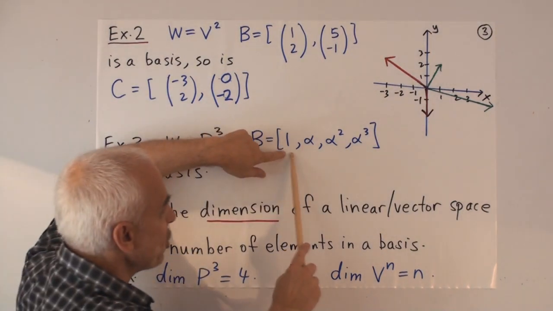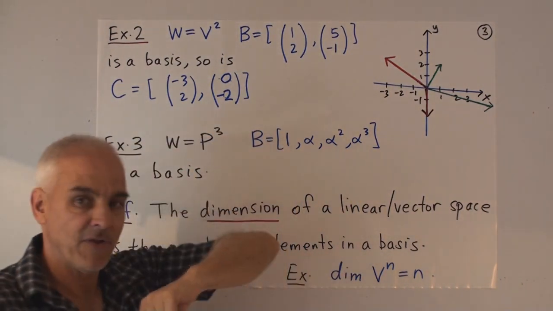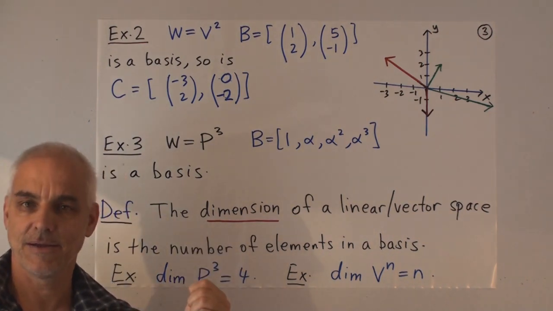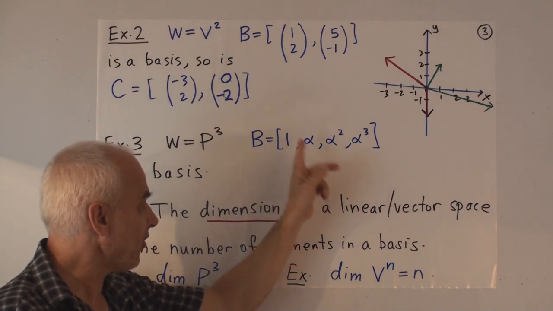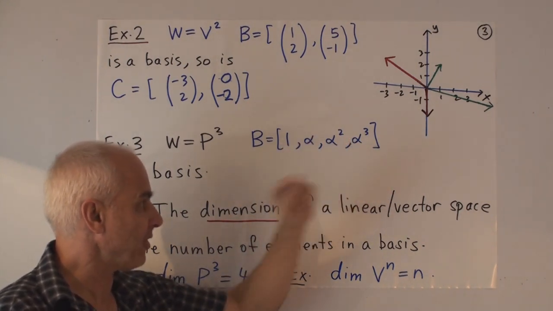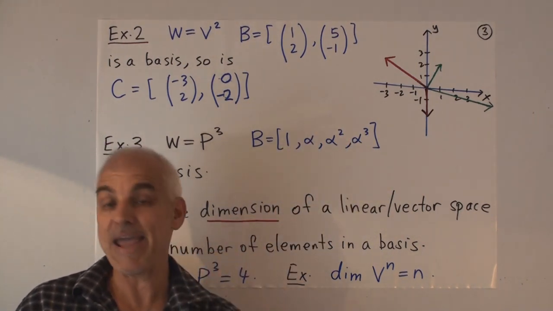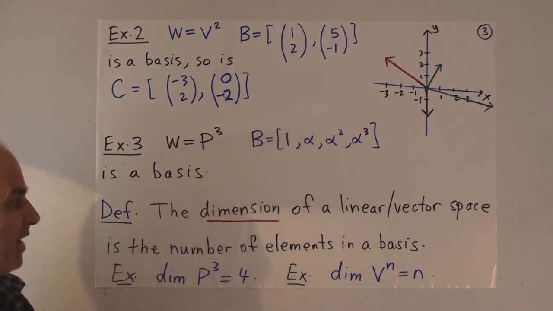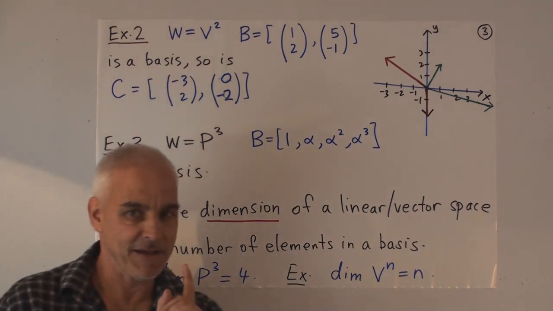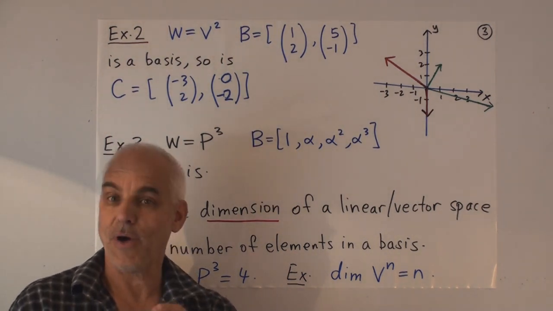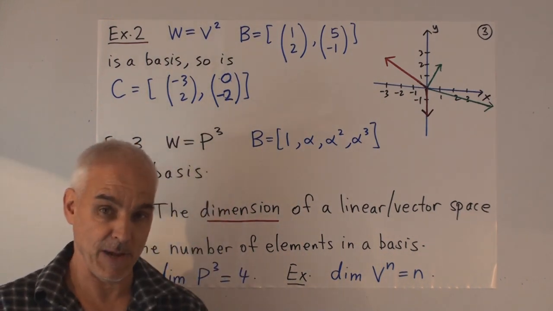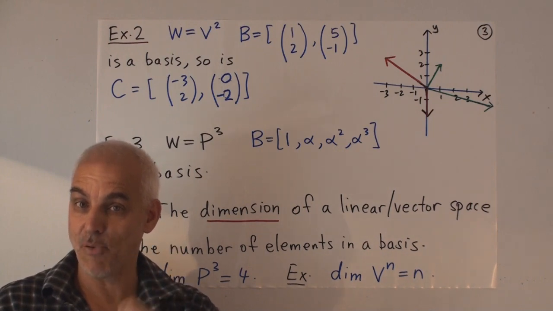And there's no combination of these four polynomials that equals the 0 vector, or the 0 polynomial in this case, unless you choose 0 times this plus 0 times this plus 0 times this plus 0 times that. That's the only way of making the 0 polynomial. So that is a basis. We're going to see today that there are also other interesting bases of this particular polynomial space, and they're quite interesting and important.